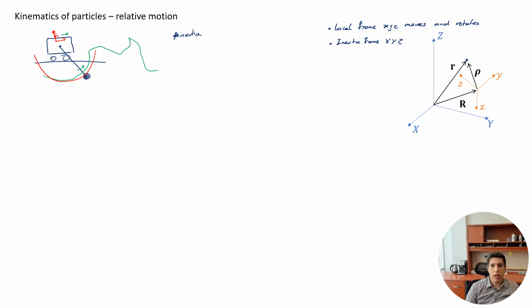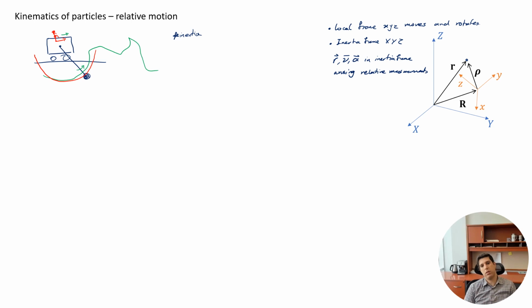So my goal here is to find positions, velocities, and acceleration, R, V, and A, in the inertial frame using relative measurements.